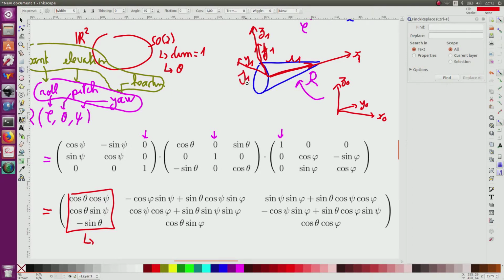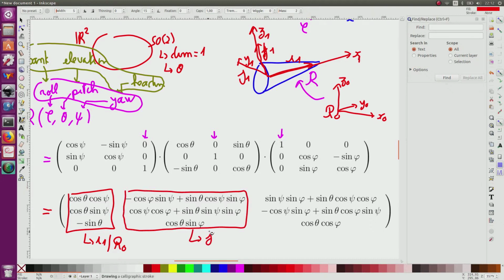This one corresponds to i1 expressed in the frame R0. R0 is this one. This one is a vector which corresponds to j1 with respect to R0. And the last one corresponds to the vector k1 expressed in R0.